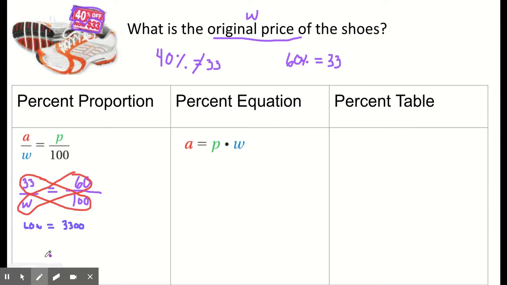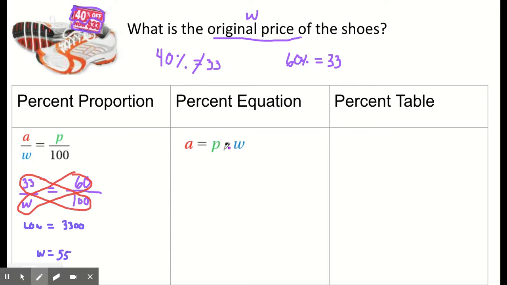And to figure out what the W is, I have to divide both sides by 60 because I want to get the W by itself. So using a calculator, taking 3,300 and dividing it by 60, I found out the original is $55.